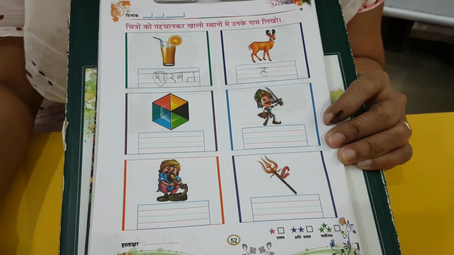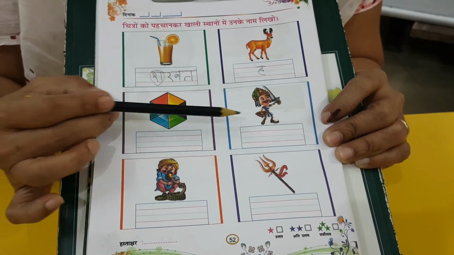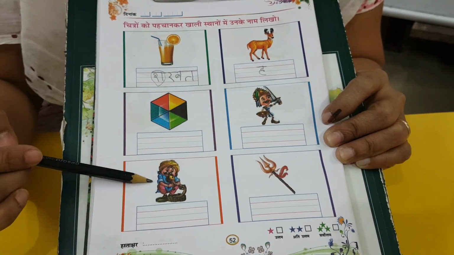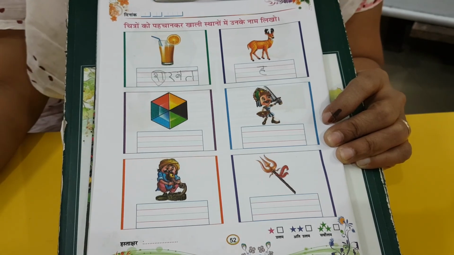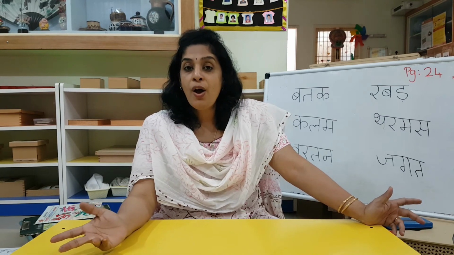Okay, whichever you like you write. Okay, Sharbat, Hiran, Shatkon, Raja, Sapera and Trishul, sorry.